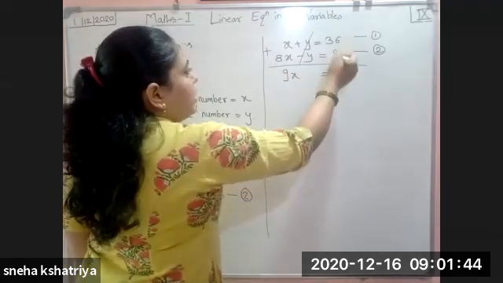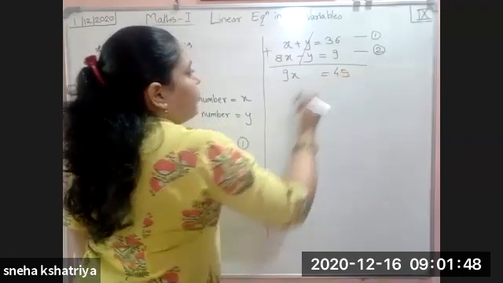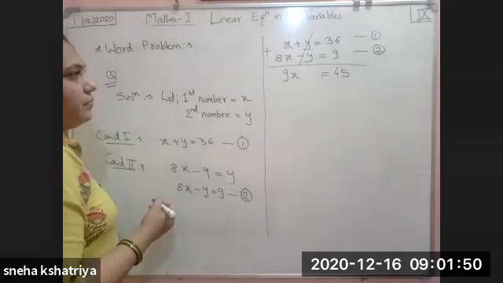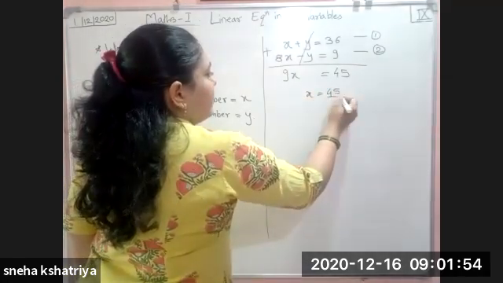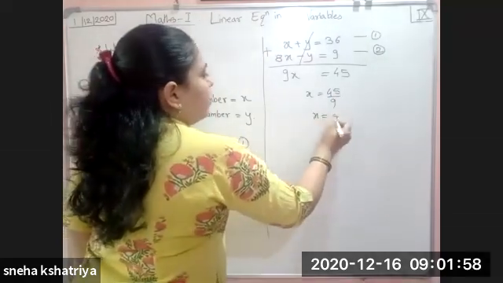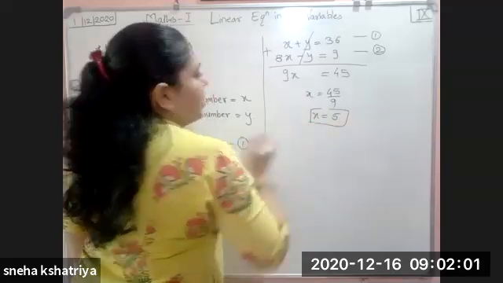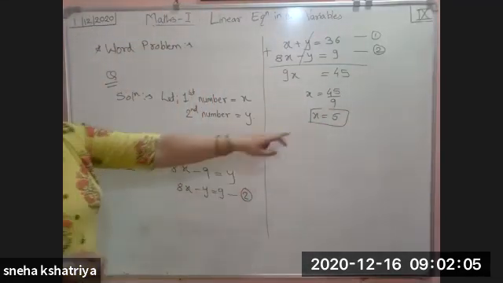This is equal to 36 plus 9, which is 45. So we get x is equal to 45 divided by 9. x is equal to 5. 9 fives are 45. So what is the value of x? It is 5.